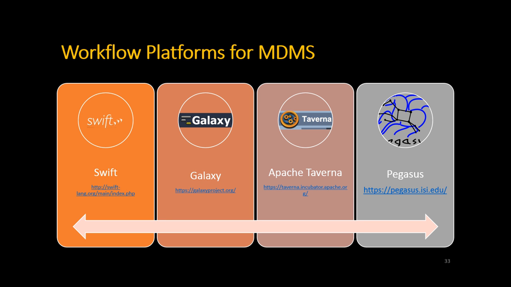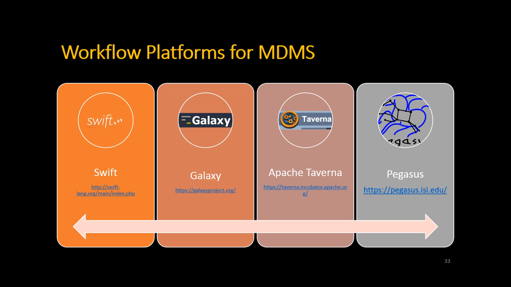There are different workflow platforms that we've also been exploring to orchestrate all these different moving parts. There's the Swift language, not to be confused with the Swift programming language from Apple, but that's more of a programmatic HPC environment language, but could certainly be utilized for orchestrating different processing parts of the framework.